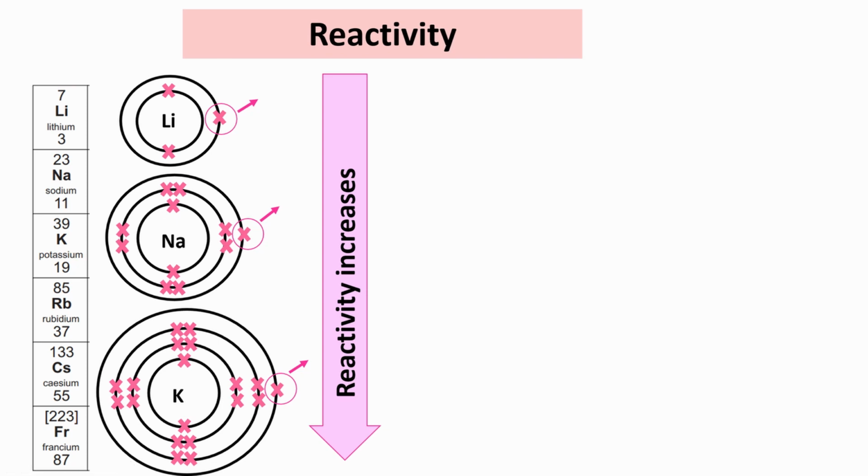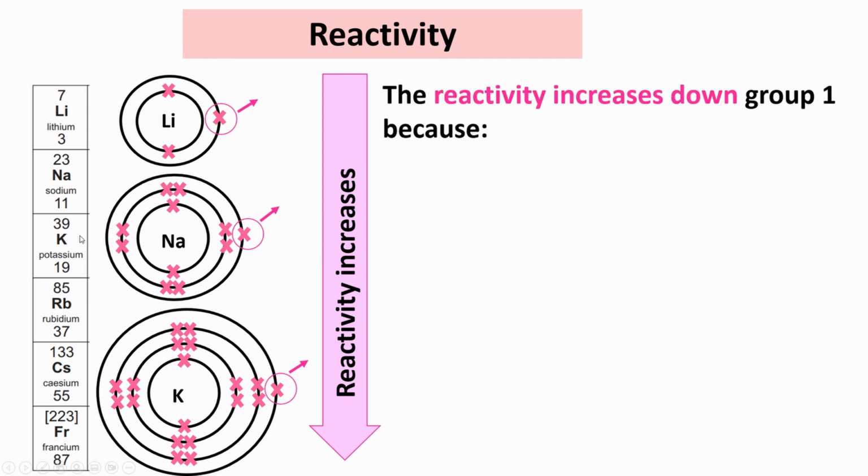So why does the reactivity increase? Why is potassium more reactive than sodium? Why is rubidium more reactive than potassium? The reason is because as you go down the group, and you can see here from the electron arrangement, the atoms get larger and larger each time, and they gain one extra shell. So lithium has 2 shells, sodium has 3, potassium has 4, and that's linked to the period number they're in.